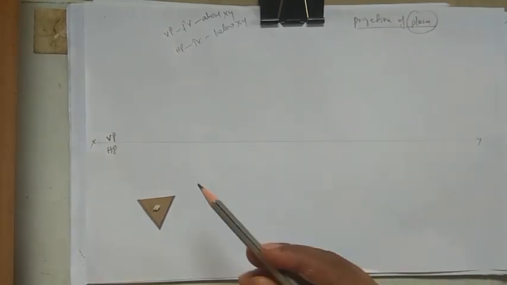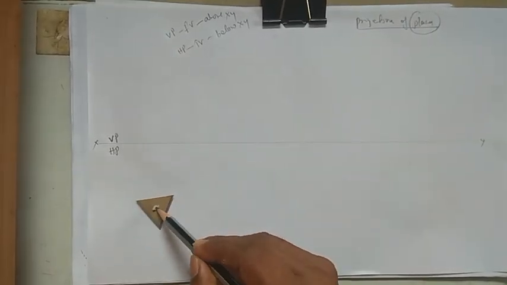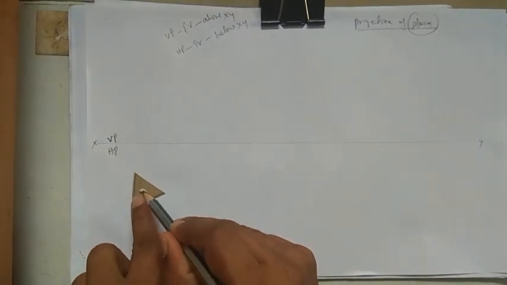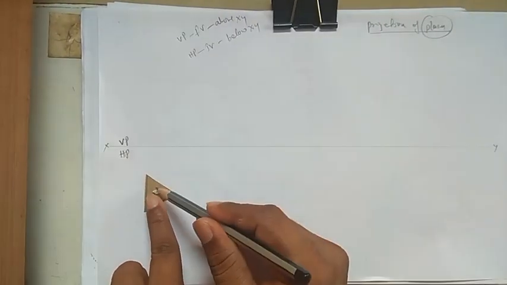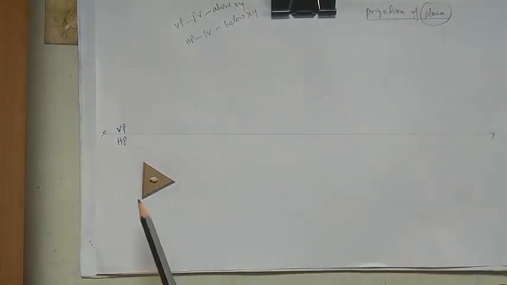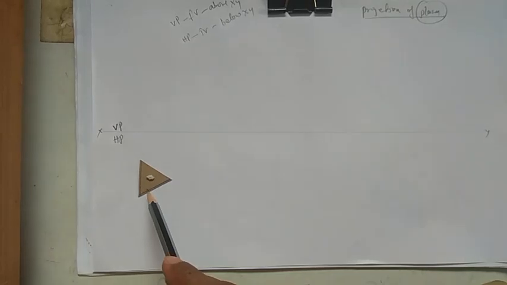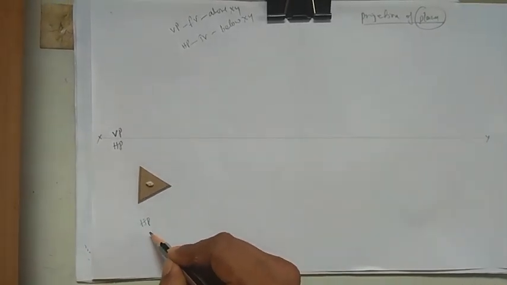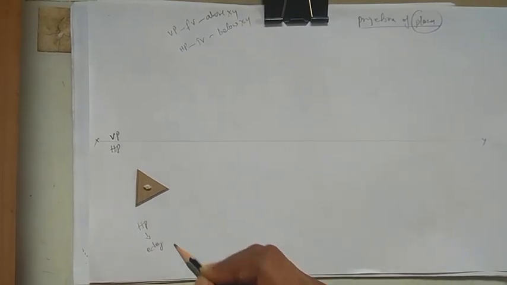If in a problem they say it is resting on the edge, one of the edges should be perpendicular to the XY line and it should be well below. You can see here, this edge is perpendicular to the XY line and it is well below the XY line. This is what we call resting on the HP with one of its edges.